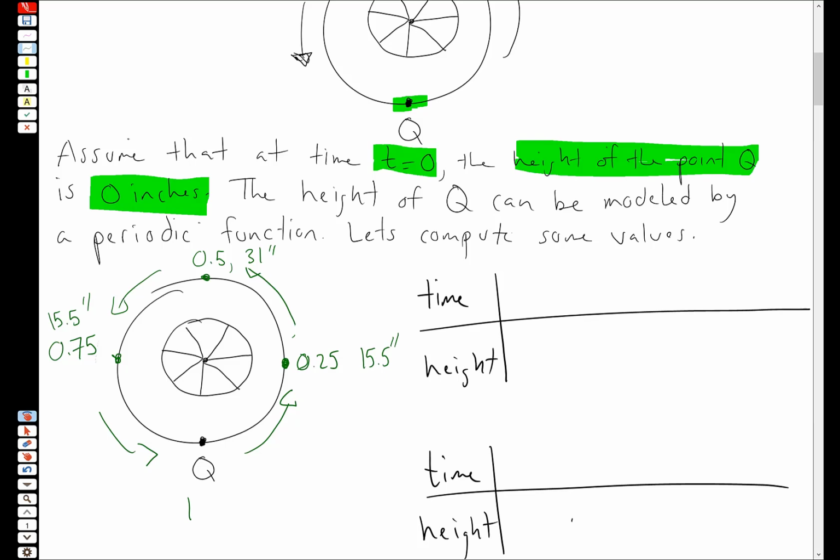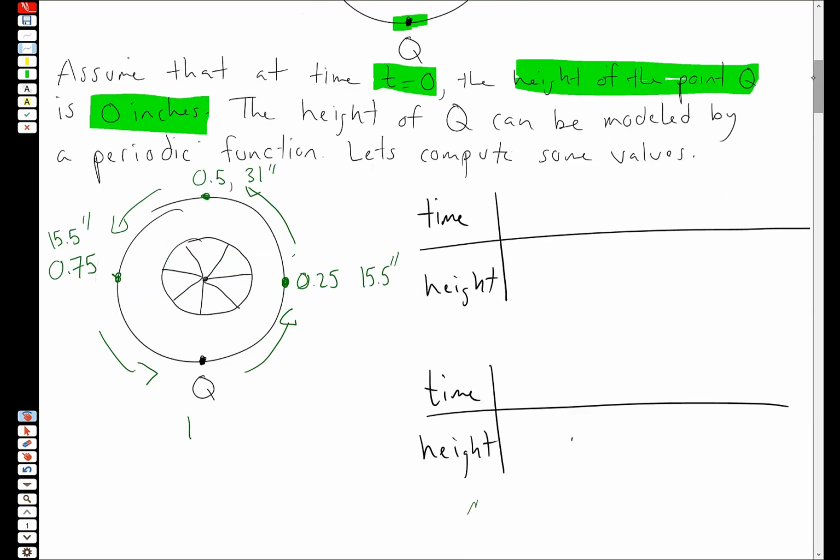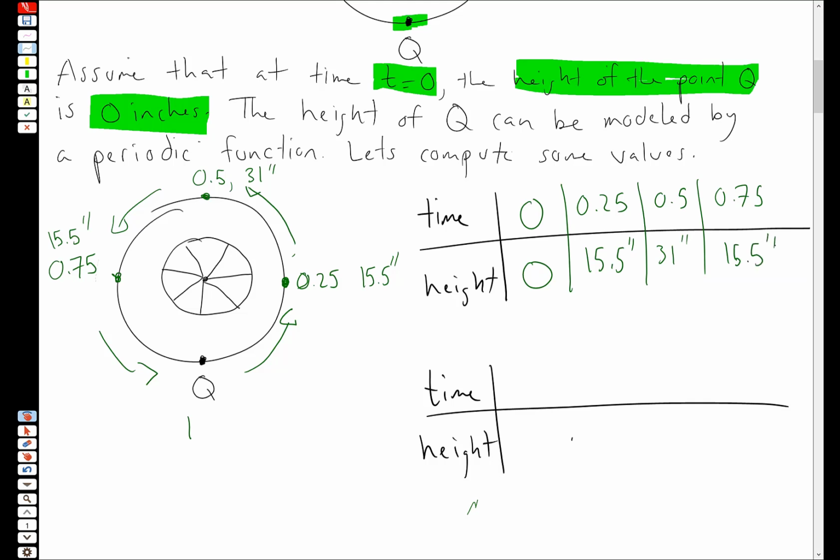So notice I have some tables here. Let's actually write this down. At time 0, the height is 0. At time 0.25, we're at 15.5 inches. At 0.5, we're at 31 inches. At 0.75, we're at 15.5 again. And then at 1 second, notice we're going to start repeating the value.